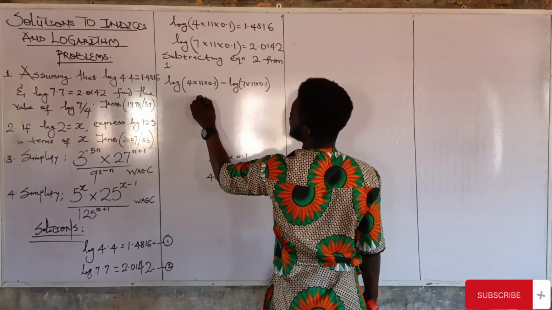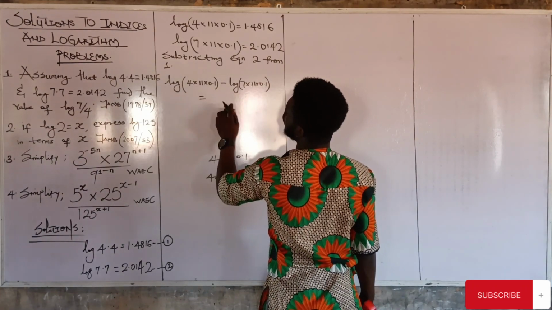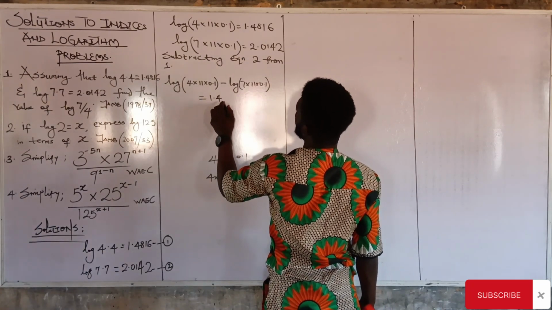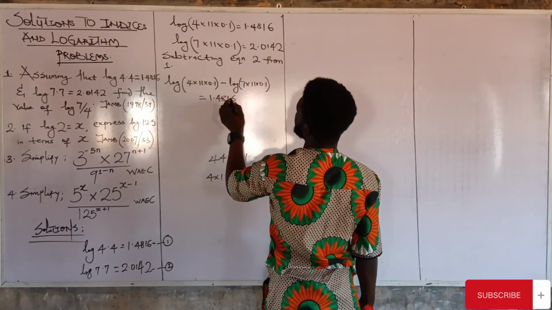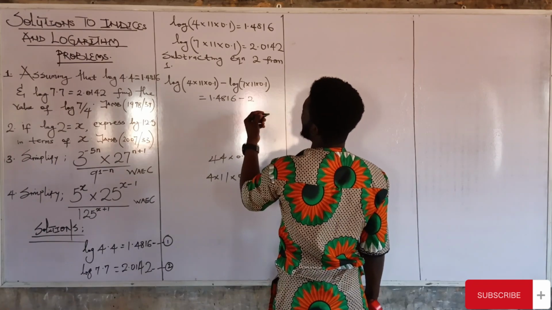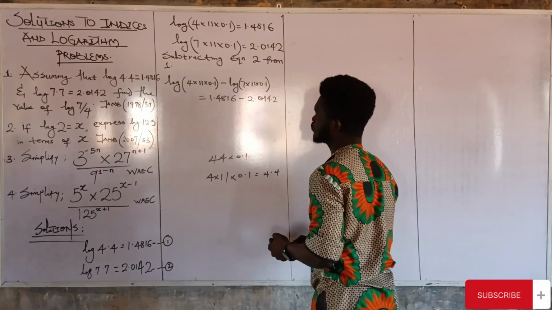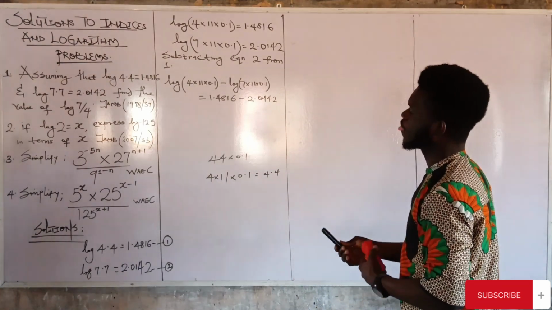Everything equals 1.4816 minus 2.0142. Now this is it.